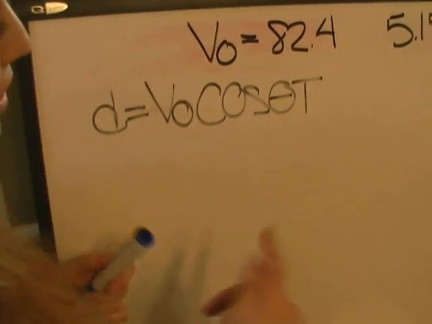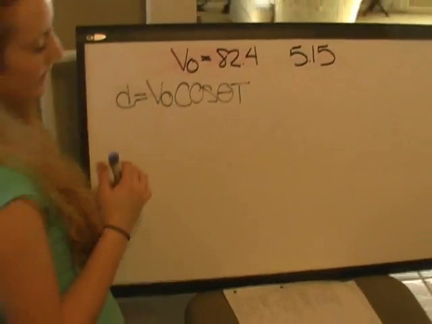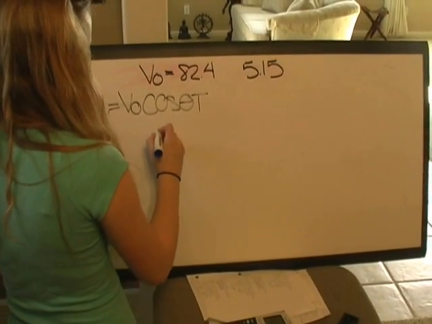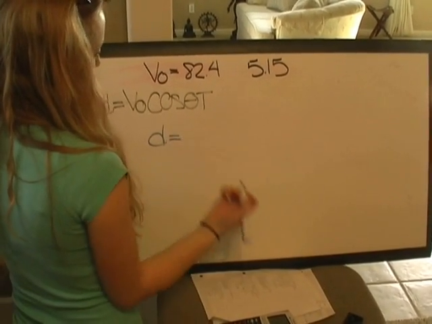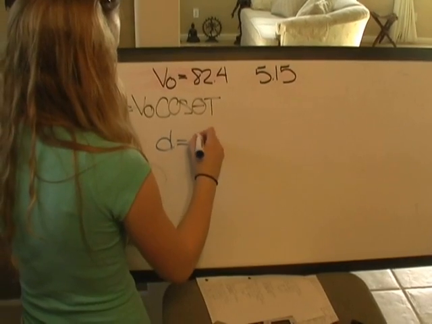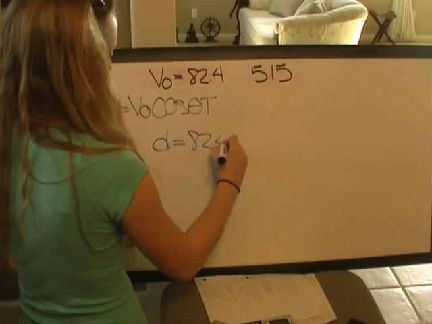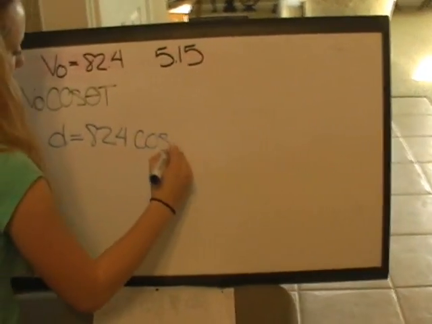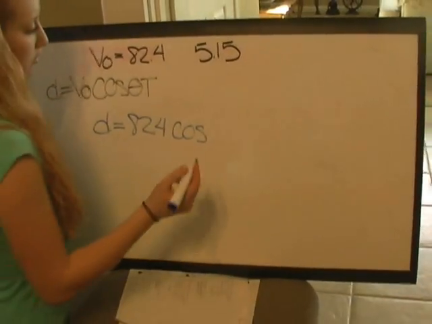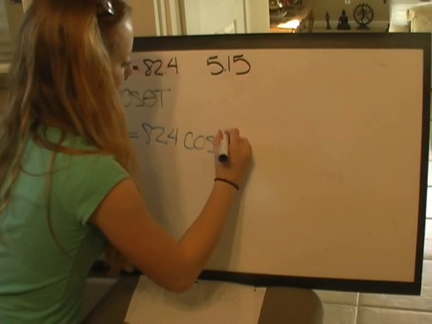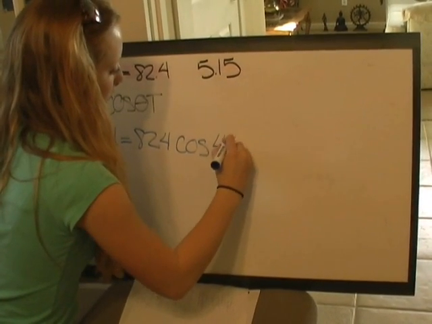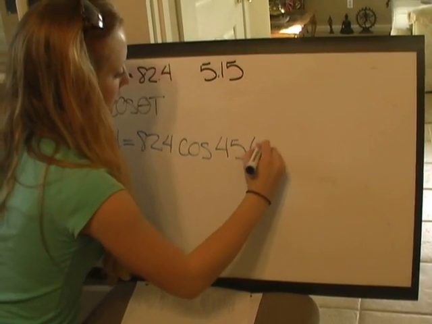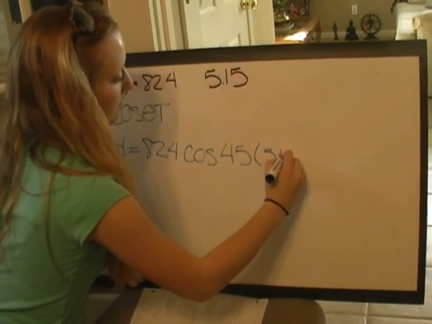Now you're going to plug your information into the distance formula. So you're going to have d equals your velocity, which is 82.4, cosine theta, which is the angle you choose. So you picked 45, so you're going to plug in 45, and then your time, which is 5.15.